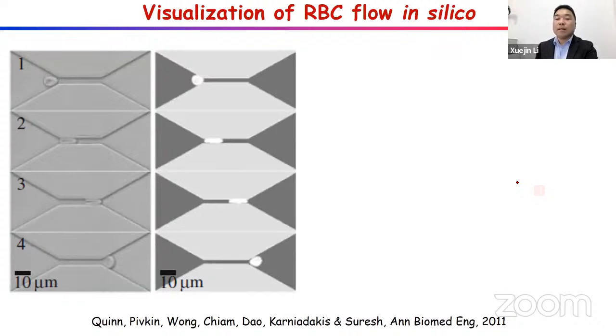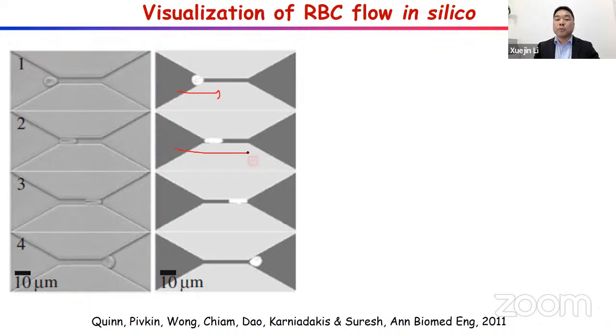To validate the cell model, people can simulate the cell flow behavior in nanochannels. Here, the left figure shows the experimental result, and the right figure shows the simulation result. We can see, similar to the experimental study, the simulation also shows the cell shape changes from its undeformable shape to a deformable one when the red blood cell moves into the nanochannel.